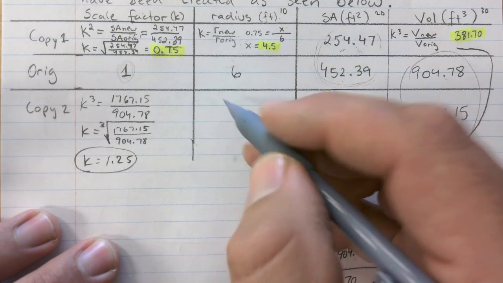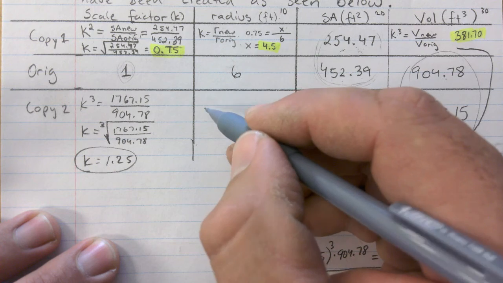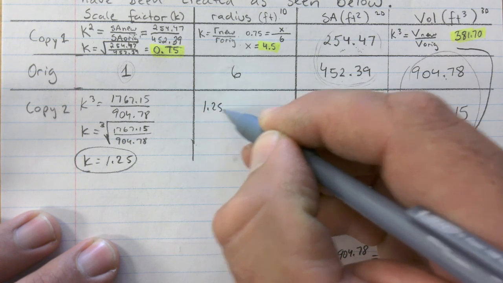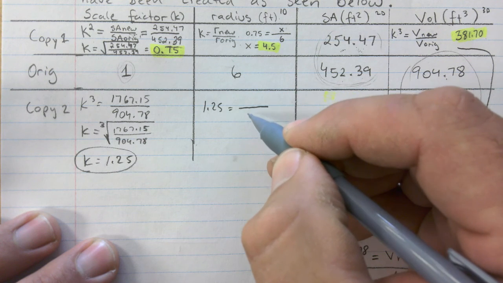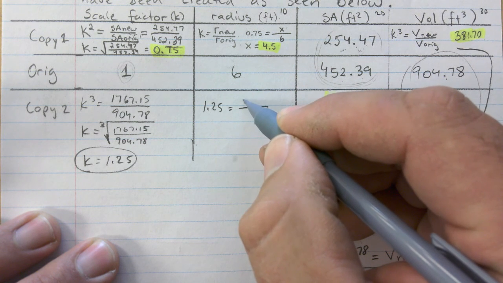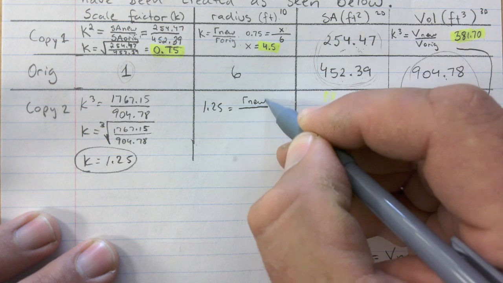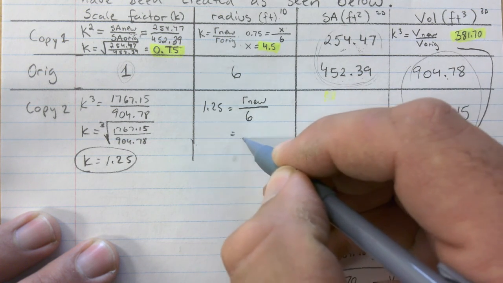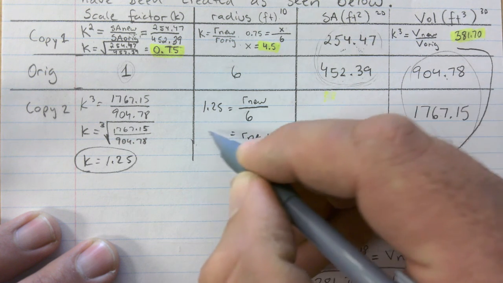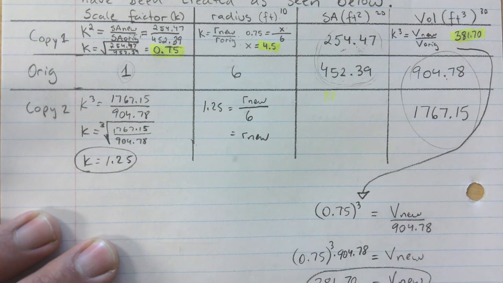And then for this, it's the original and new. So this is the radius of the new, and this is the original. So it's 6 times 1.25. So that is 7.5.